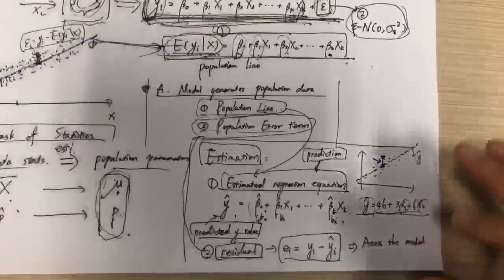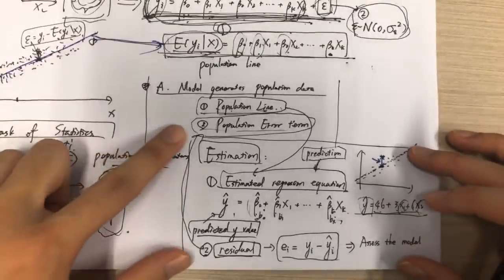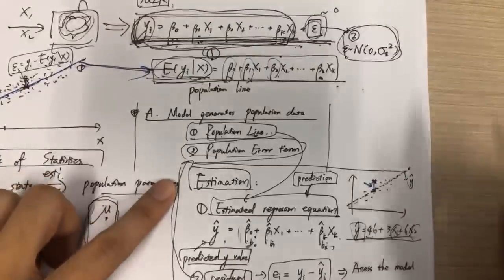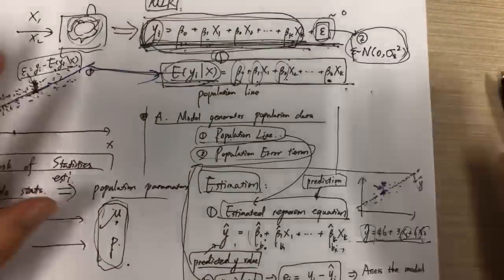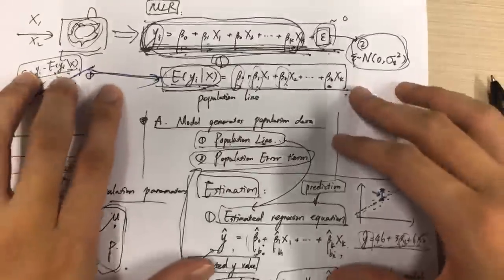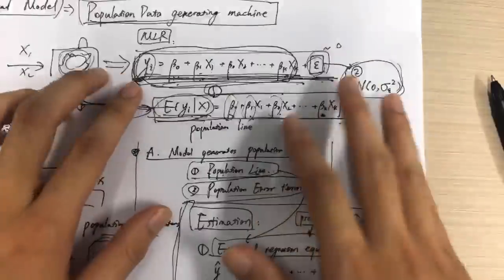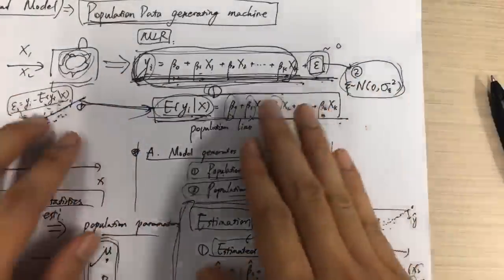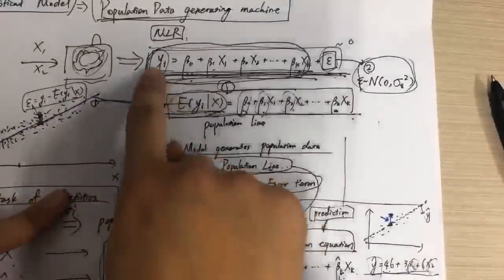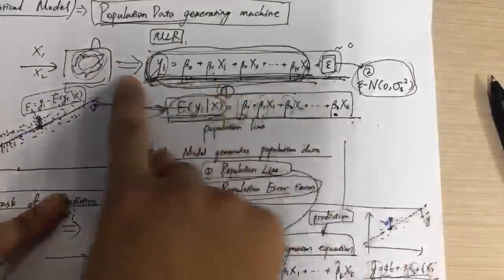Okay, so that's all about the big picture so far. And the key takeaway here is that in the exam question, if you are asked to write down the population model, the multiple linear regression model, then you need to write down something like this, right?